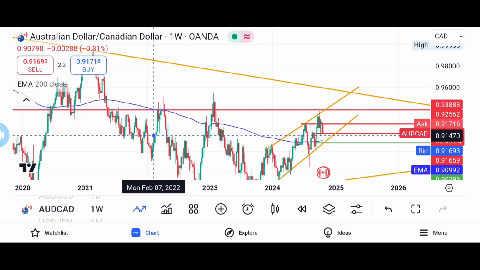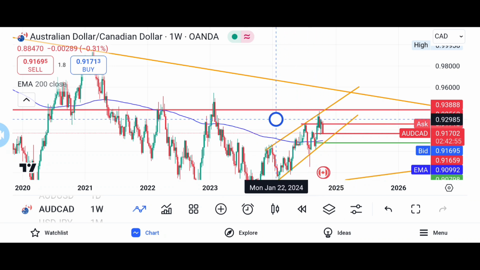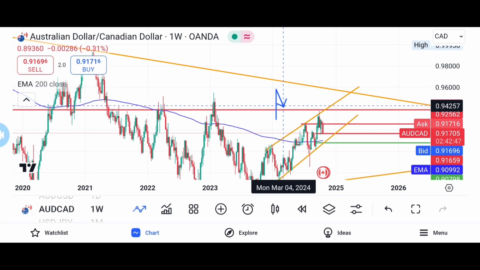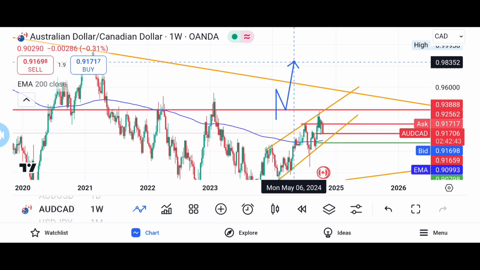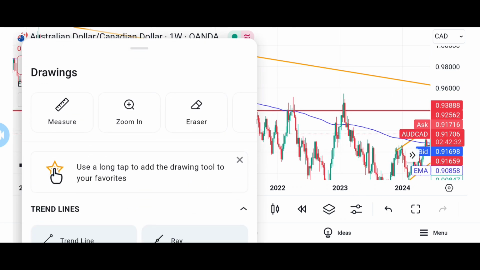But one thing I want to emphasize is, once this resistance is broken upward, and then retested, the red line will change to be a support, okay? Let me explain with a good example.